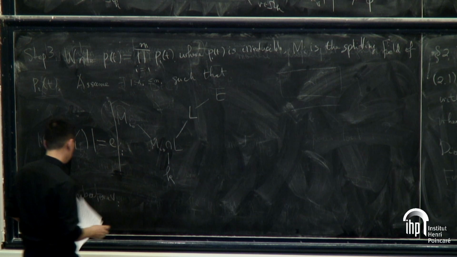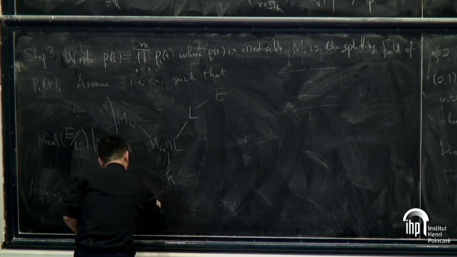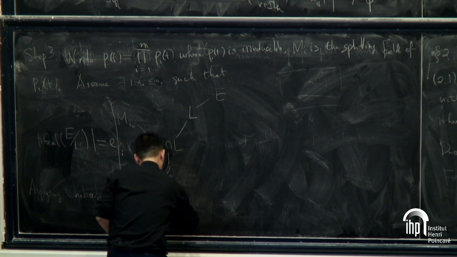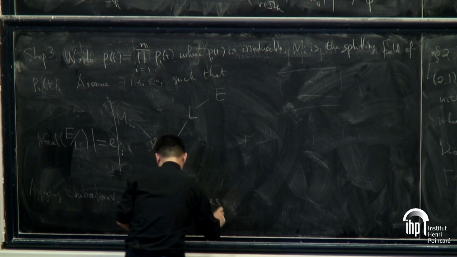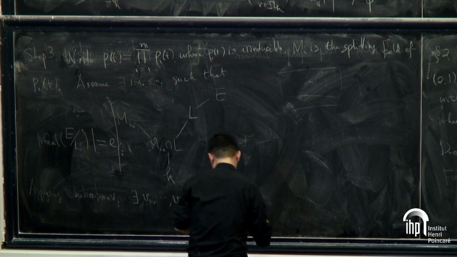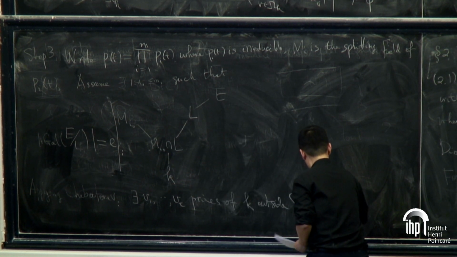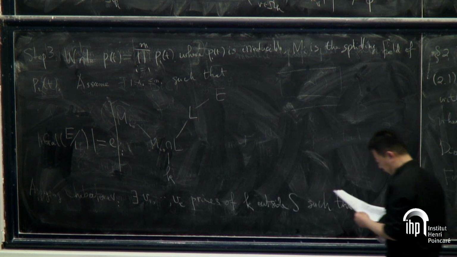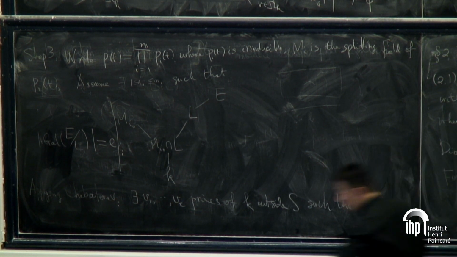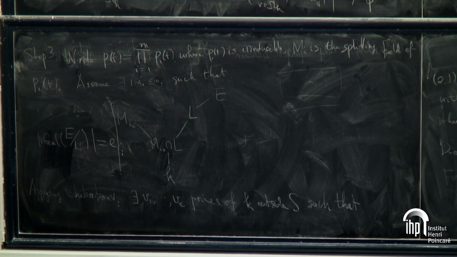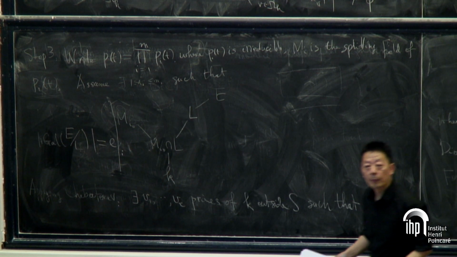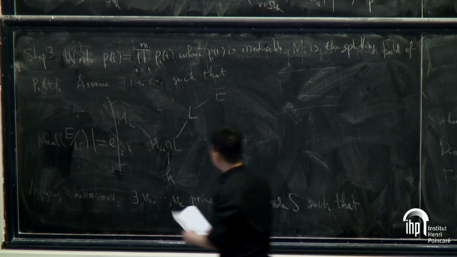So then there exist v1, ..., vE primes of K outside S such that yeah, it is disjoint.